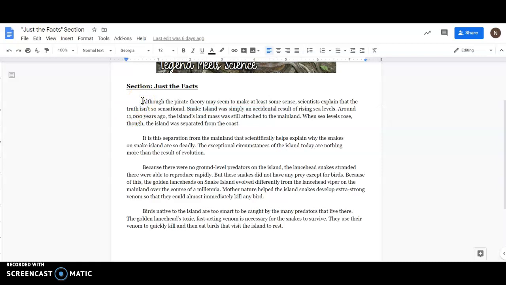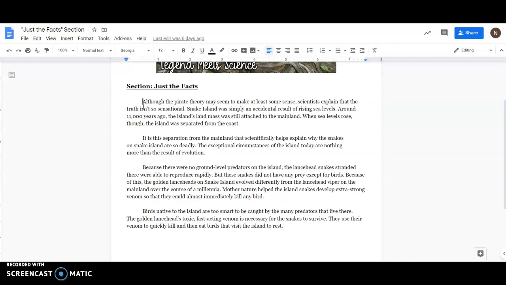So let's go paragraph by paragraph and identify the main idea of each of them so that we can match each paragraph with its objective summary. Let's take a look at our first paragraph right here in this section. It states, although the pirate theory may seem to make at least some sense, scientists explain that the truth isn't so sensational. Snake Island was simply an accidental result of rising sea levels.